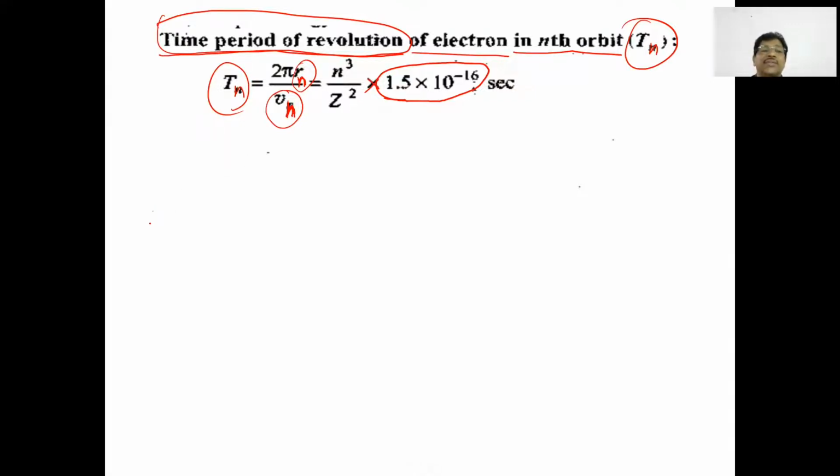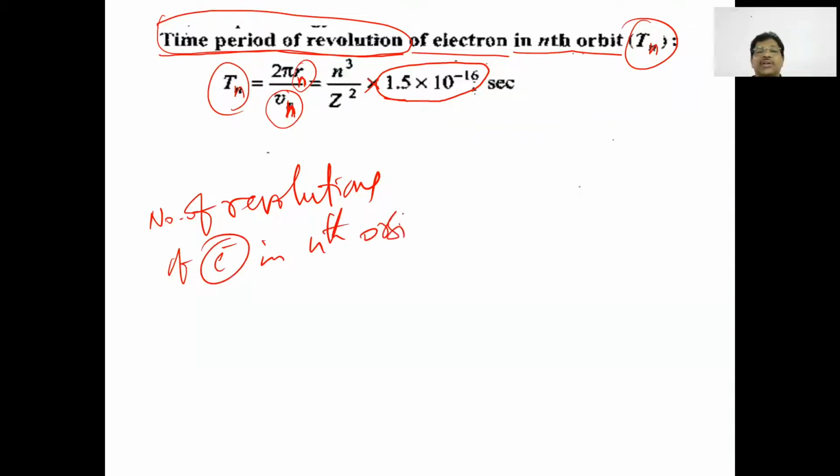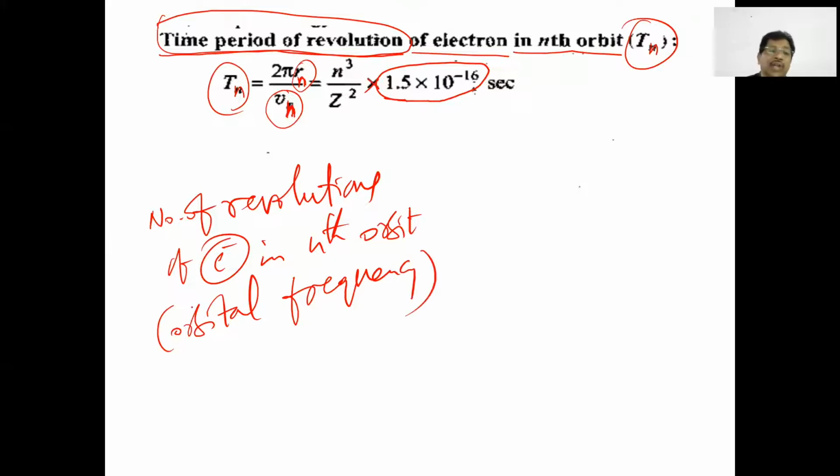In the previous class, we discussed the number of revolutions of the electron in the nth orbit, called the orbital frequency. The orbital frequency formula is the reverse of this: velocity by circumference.